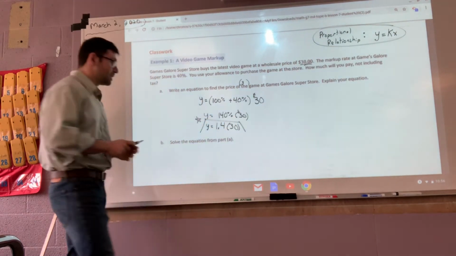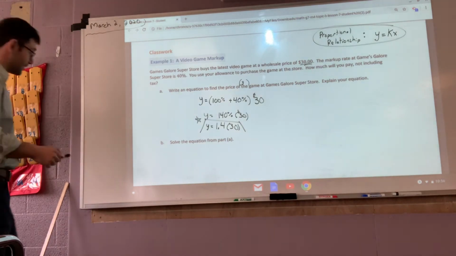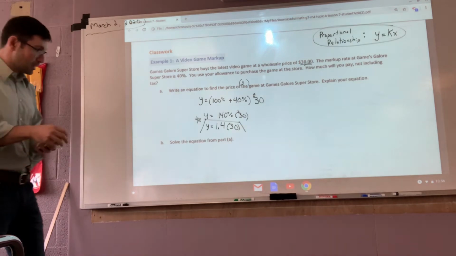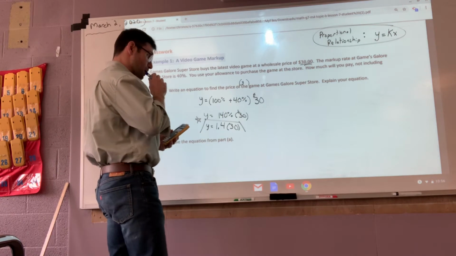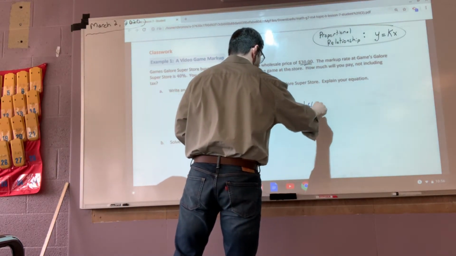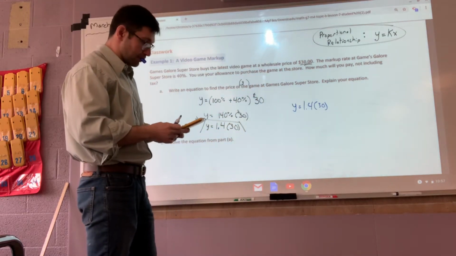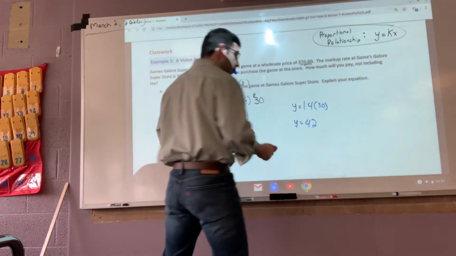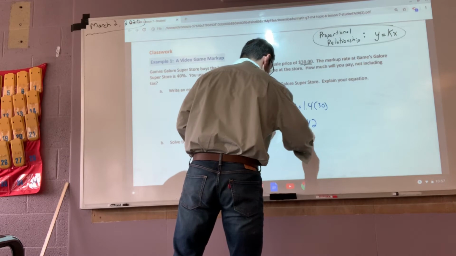This would be the equation that I want to use. Now I'm doing part B. y equals 1 4/10 multiplied by 30. I take my calculator, I multiply, and I get y equals 42. Well, what is that? That's y equals $42.